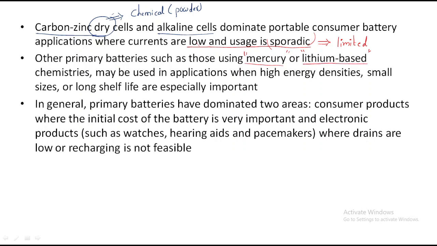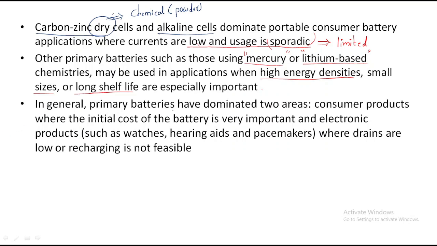These are different types of batteries, but they have high energy density. They can supply high energy to the load, have a very small size, and have a long life. That's why they are somewhat more useful among primary batteries compared with carbon zinc and alkaline cells.